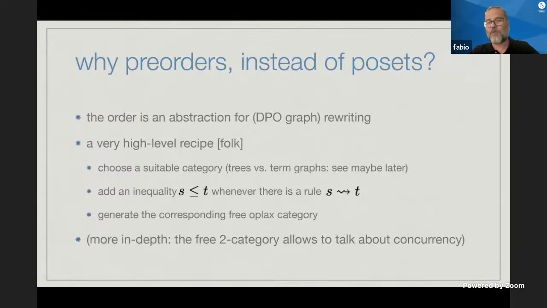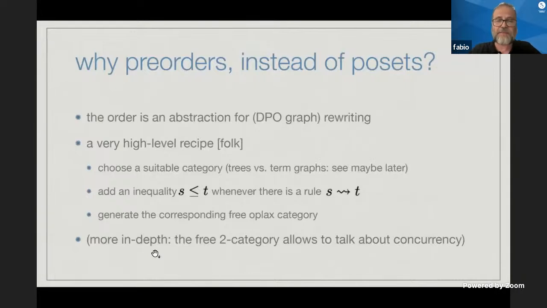You can also do, of course, a poset, but then you would collapse all the elements in the equivalence relation given by reachability, and this one is not always a good idea. Okay, and you can even move further.